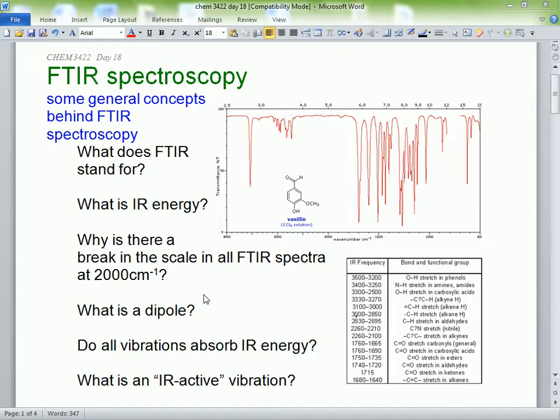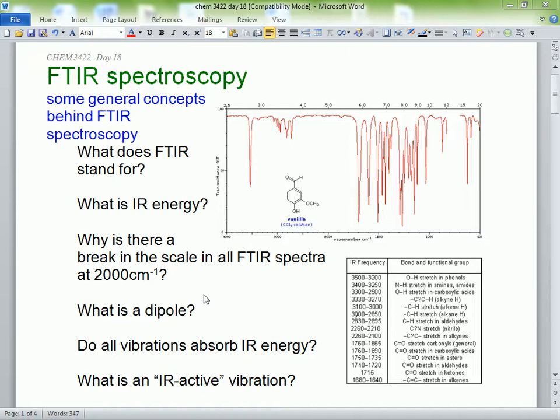So, Bradley, what is IR energy? It's on the electromagnetic scale, on the R side of Roy G Biv. So is that the low energy or high energy side? Shorter waves mean higher energy.